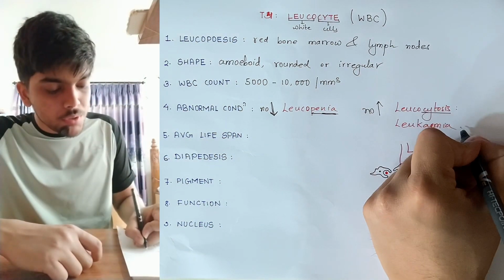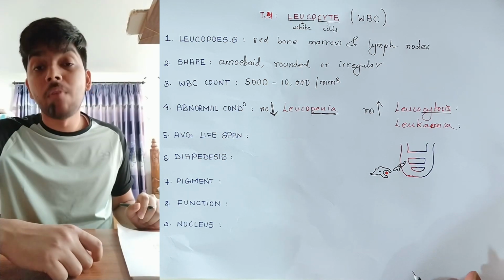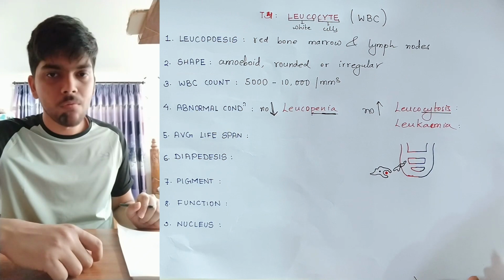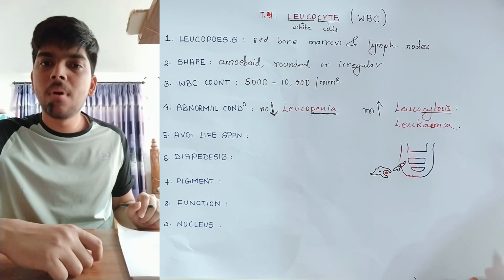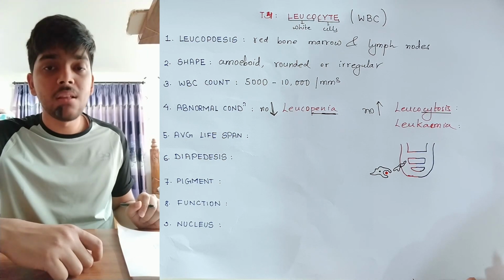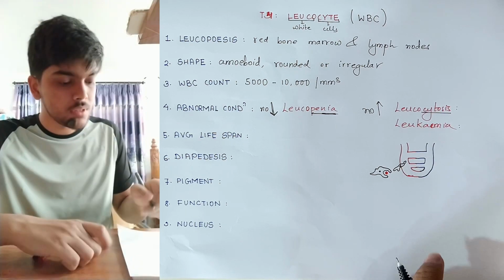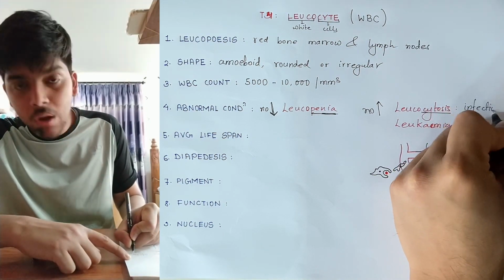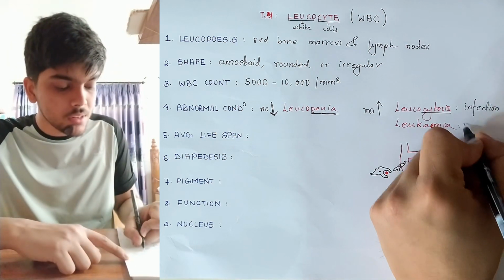One, leukocytosis. Whenever there is infection in your body, in order to fight against that infection, our body increases the formation of white blood cells. At that particular time, the number of white blood cells in your body becomes more than the normal count, and that particular condition is known as leukocytosis. So leukocytosis occurs due to infection, while on the other hand, leukemia is blood cancer.